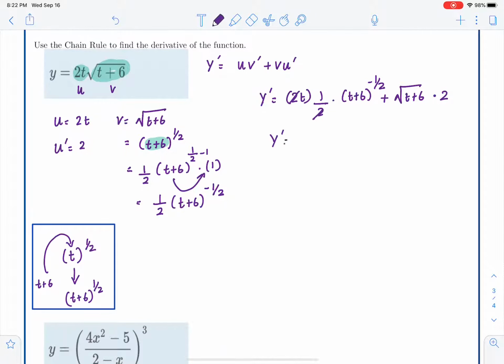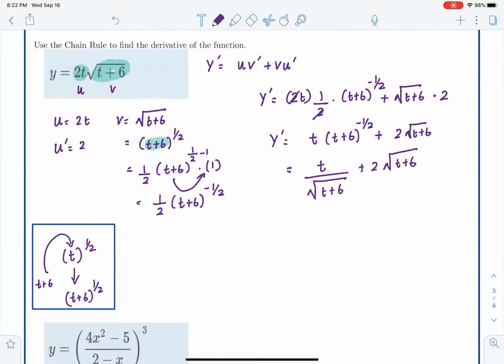So y prime would be equal to t multiplied by (t plus 6) raised negative 1/2 plus 2 square root of t plus 6. We may leave that as is, or we could write it as t over square root of t plus 6 plus 2 times square root of t plus 6. We can simplify it even further by getting a common denominator.